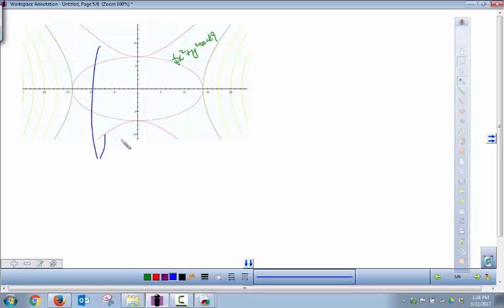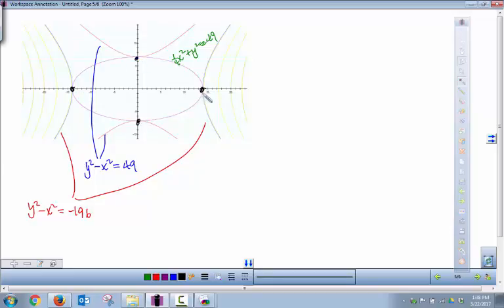The first level curve would be y squared minus x squared is equal to 49, and the other one, y squared minus x squared is equal to negative 196. And so those are the places where the graphs would have parallel gradients. Now let's take a look at the other picture.